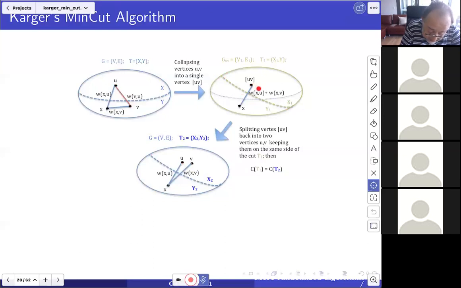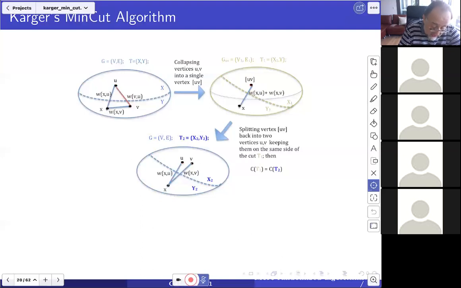Then you split back U and V, keeping them on the same side of the partition as the joint vertex belonged. And lo and behold, you produce a cut that is exactly of the same capacity as the cut here.